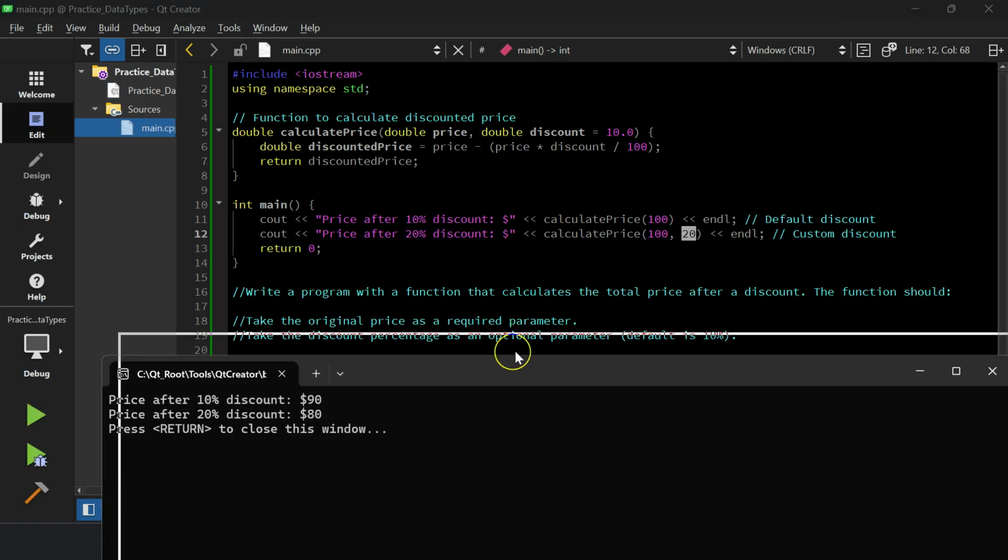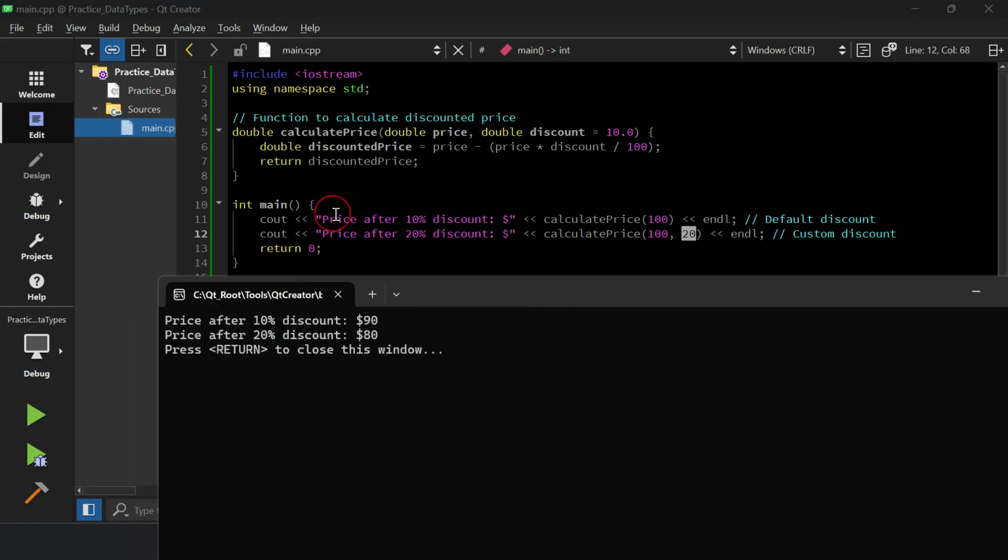Okay, here we see that the price after 10% discount is $90. If you do the math, you will realize that 10% of 100 would be $10, the reduction would be $10, and the final price would be $90.